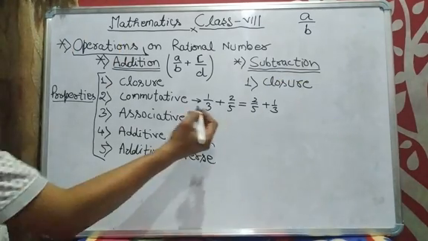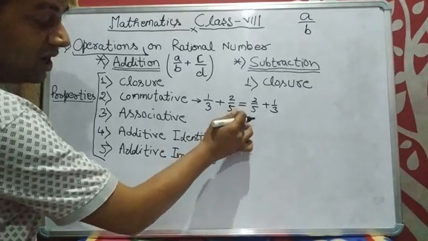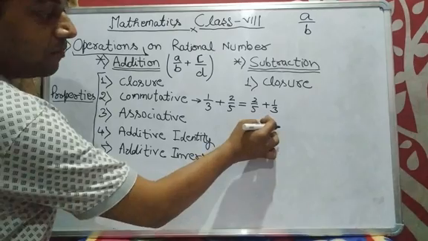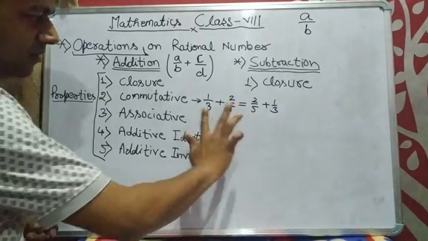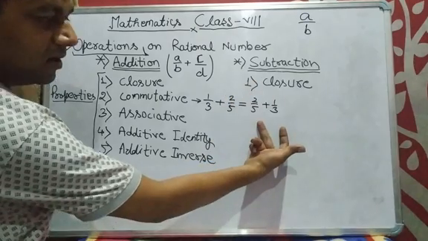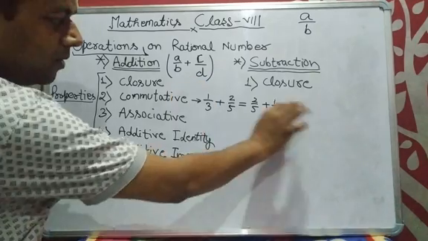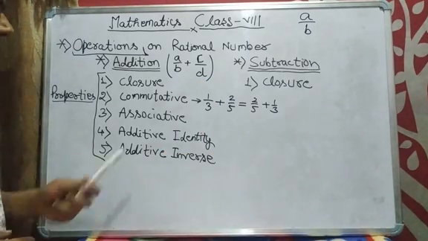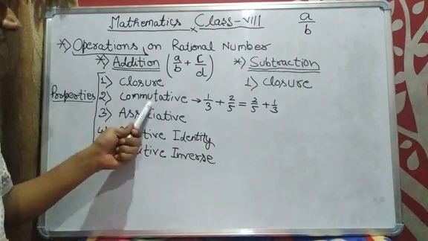Here the first rational number added to the second must equal the sum of the second added to the first. It's just reversing this one and this one. In case of addition, both results will be equal. So addition is commutative.